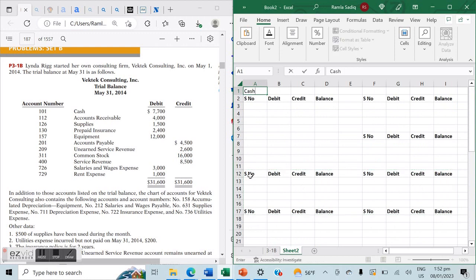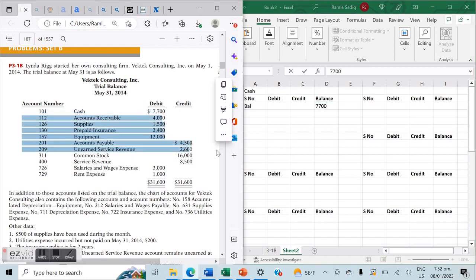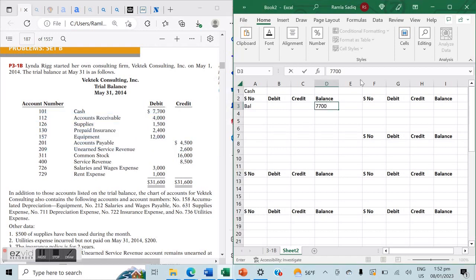So our cash has an opening balance of 7,700, and you'll see we're copying off of our original trial balance over here. Okay, so we've got cash, then we've got our accounts receivable, and we're creating a different ledger for each account because this is our opening balance. I'm just going to put that in for $4,000.